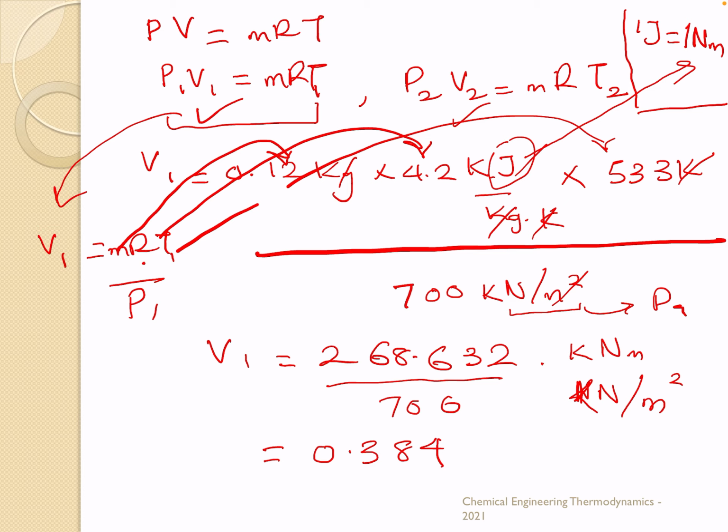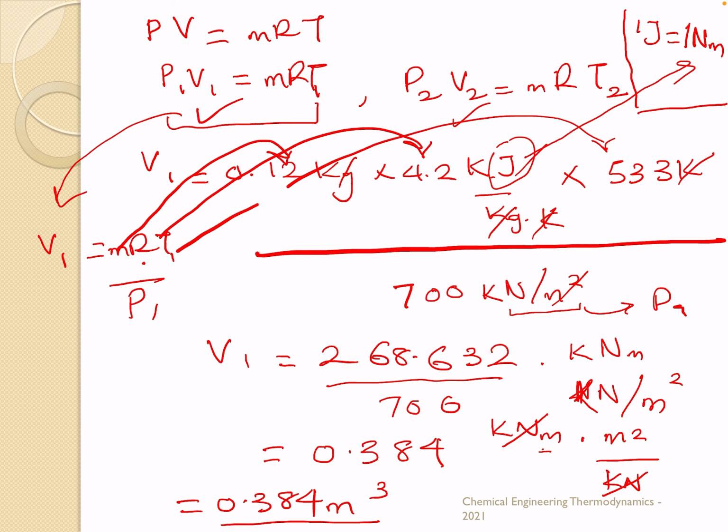If we cut those values out, kilonewton meter squared over kilonewton, this will cut that out, so we'll be left with M and M squared, which gives us 0.384 meter cube. So remember, this is an M squared. So that is volume 1.